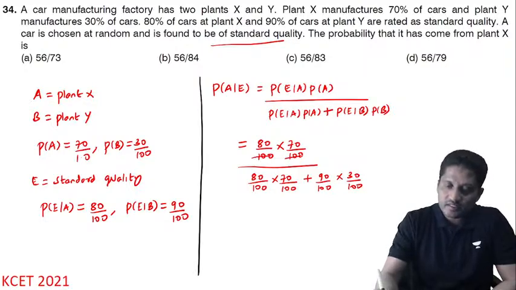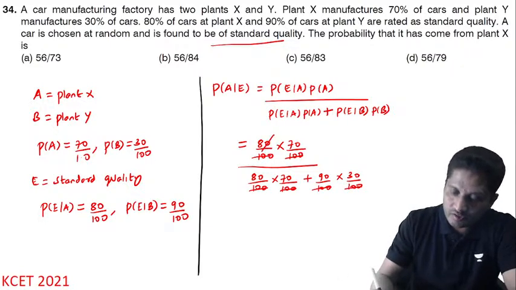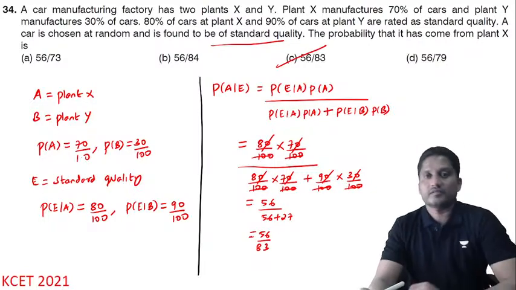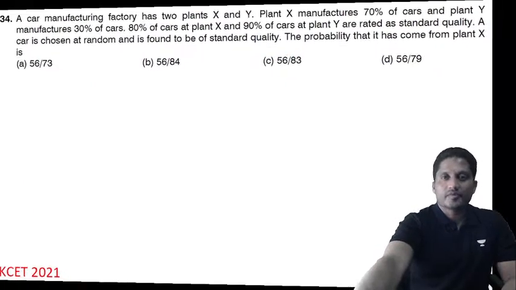Okay, this will cancel, and cancel the zeros as well. Cancel all the zeros. Left out is 7 8 56. This is equal to 56 plus 27. This is equal to 56 divided by 83. Answer is option C. Right, let's move to the next question.